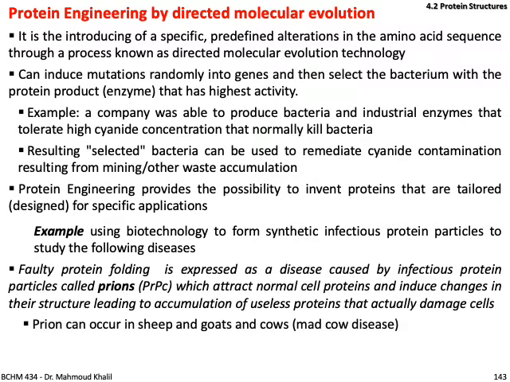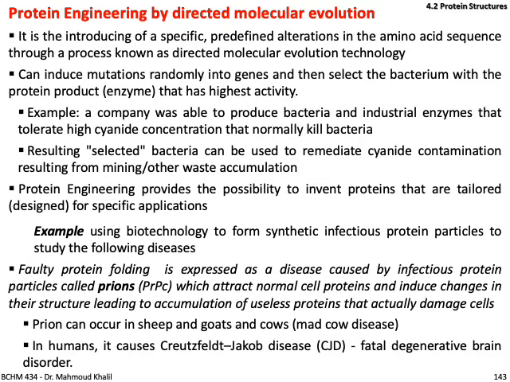Prions can occur in sheep, goats and cows and cause mad cow disease. In humans, it causes a similar disease named according to the two scientists who discovered it, Creutzfeldt-Jakob disease, CJD, and this is a fatal degenerative brain disorder.